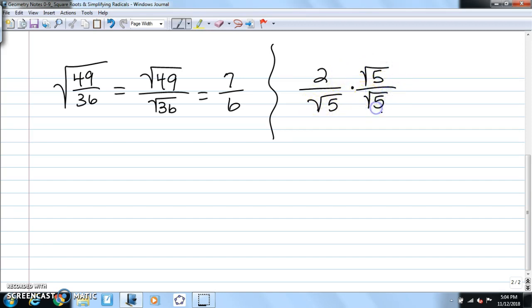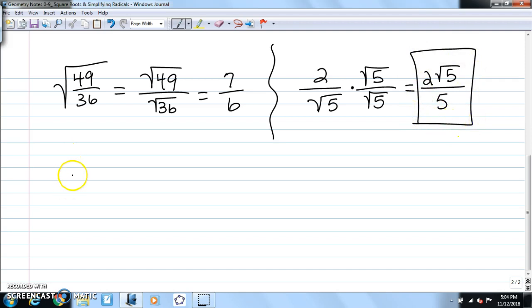Because if you multiply top and bottom, that's like multiplying by 1, and it doesn't actually change it, because we know we multiply by 1, it doesn't change. 2 times 1 is still 2. Okay, so that's why you have to do top and bottom. Well, on the top, you get 2 square root of 5. On the bottom, you get the square root of 25, which is 5. Okay, so when you multiply a square root times itself, you get what's underneath. Okay, and so there that is simplified. That's called rationalizing the denominator.